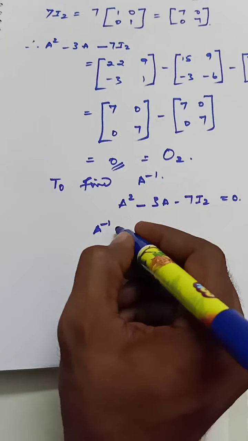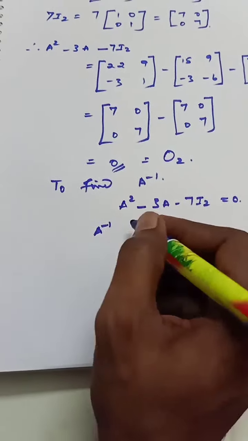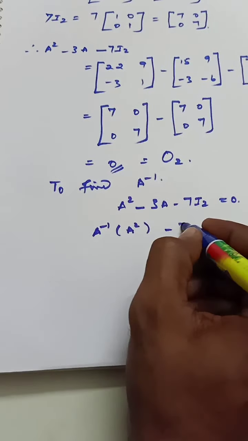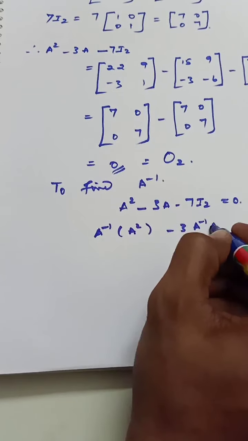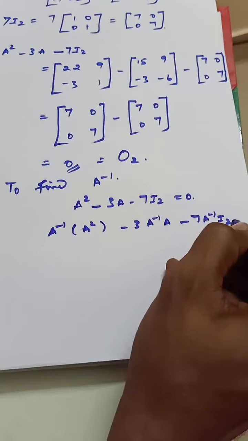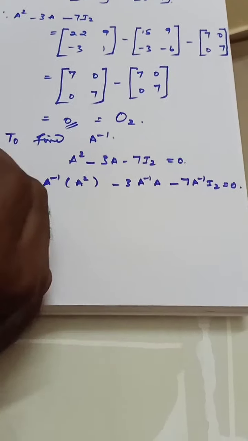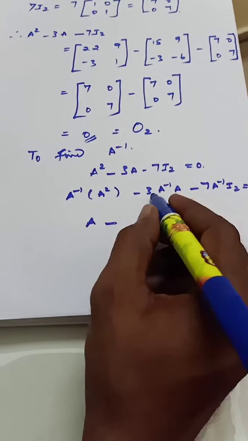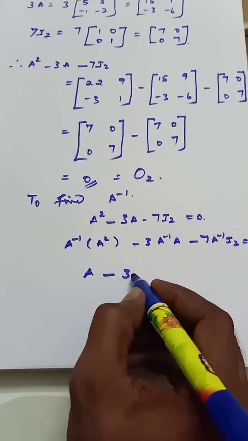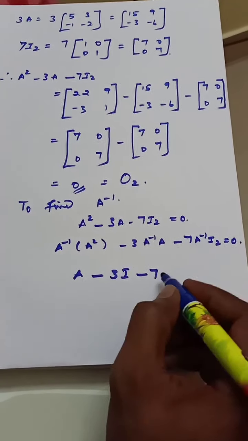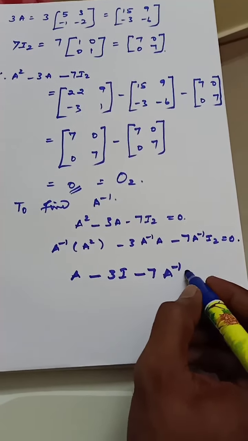It becomes A inverse into A square minus 3 into A inverse into A minus 7 into A inverse into I2 becomes 0. So A inverse into A square becomes A, minus 3 into A inverse into A becomes I, minus 7 into A inverse into I2 is nothing but A inverse.